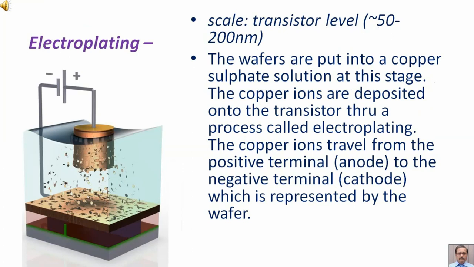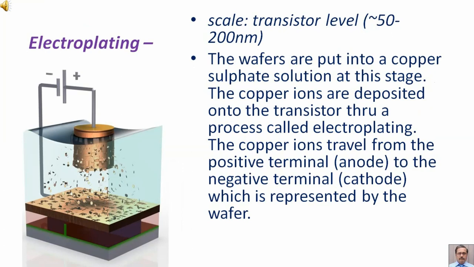Electroplating. The wafers are put into a copper sulfate solution at this stage. The copper ions are deposited onto the transistor through a process called electroplating.